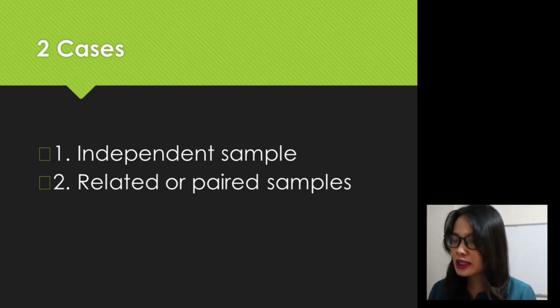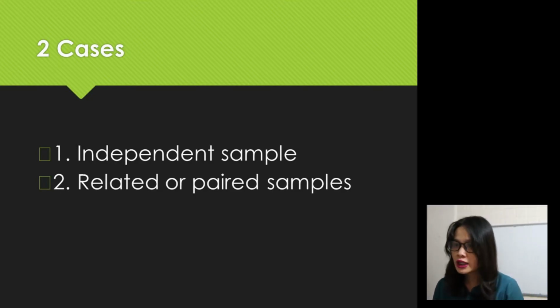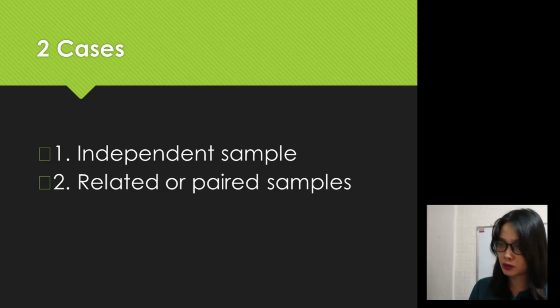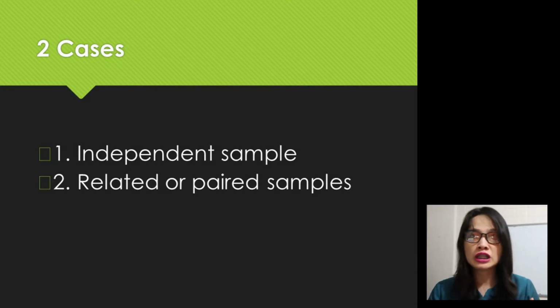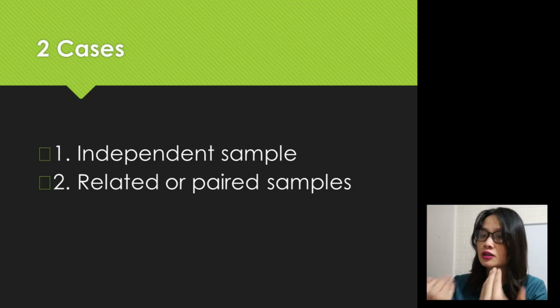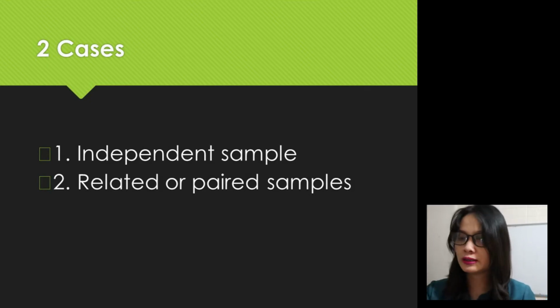The first one is independent samples, and the second one is related or paired samples. What is the difference between independent samples and related or paired samples? If you want to determine the difference of two means, there are two cases involved.